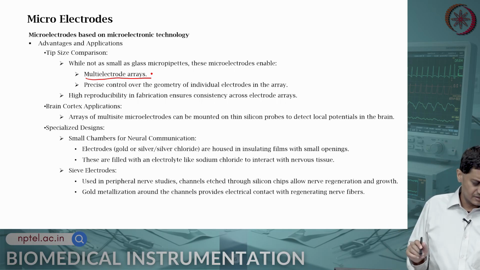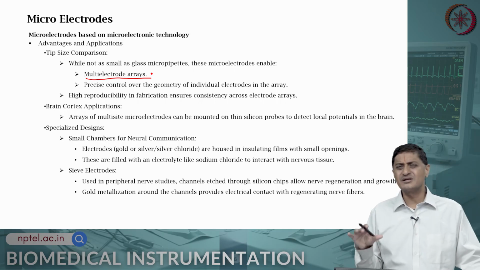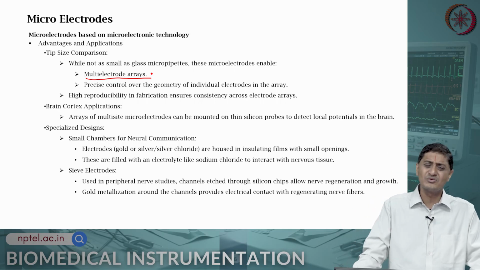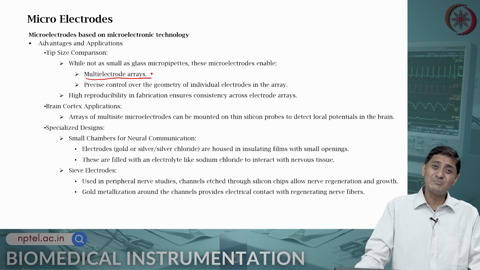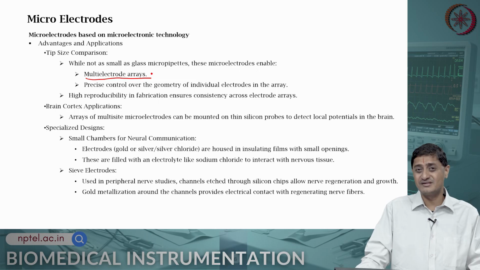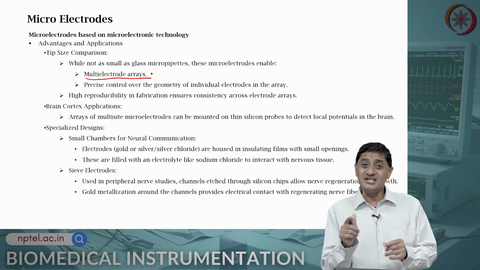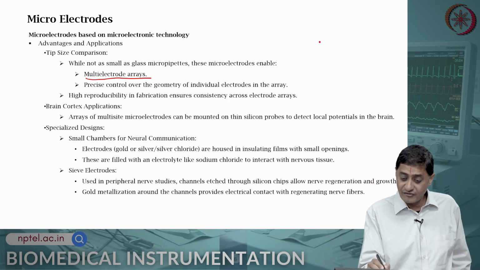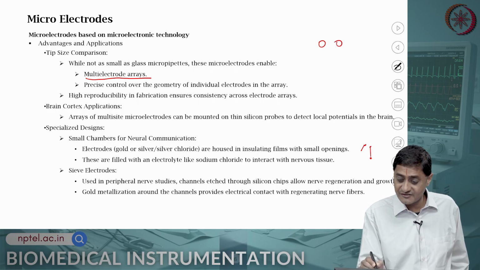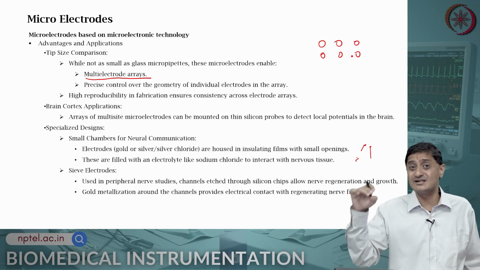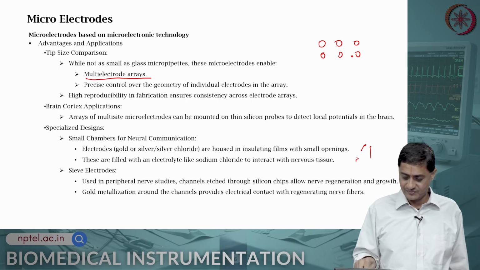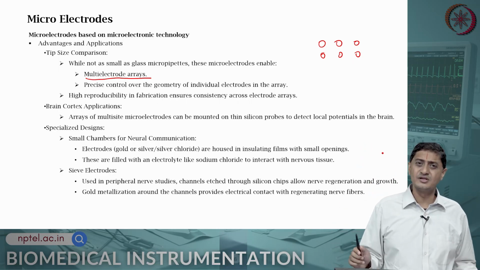Because of the size, the area from where you are recording may have neurons smaller than the size of these electrodes, in which case you are still measuring local field potentials of several neurons. But if you are using an array, you might be measuring several neurons here, several neurons here, several neurons here. So, several such local field potentials you can measure, right, quite frequently used in neuroscience research.